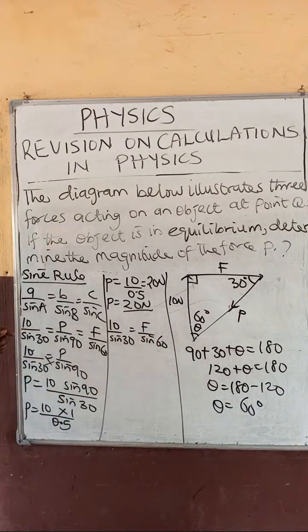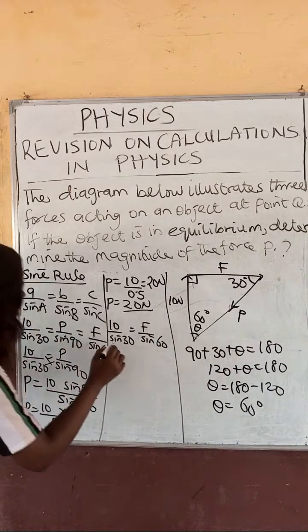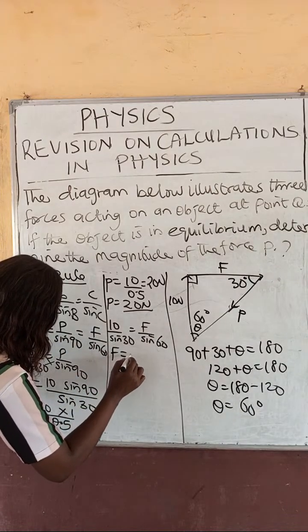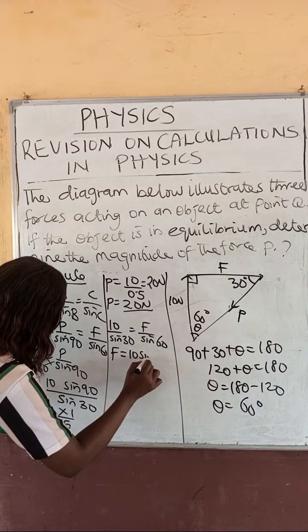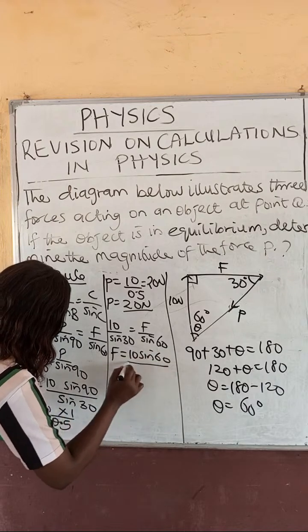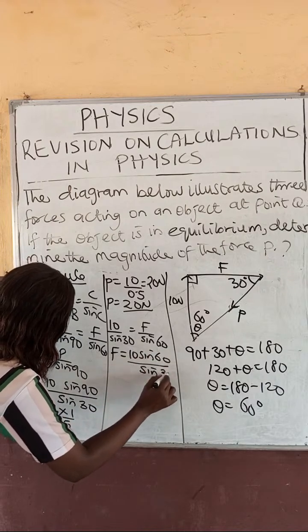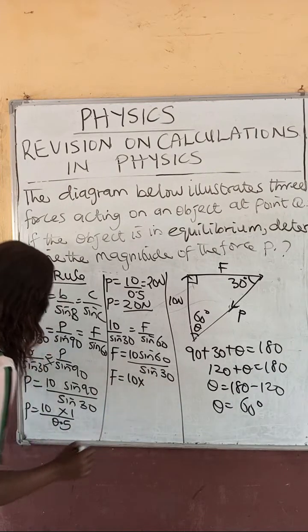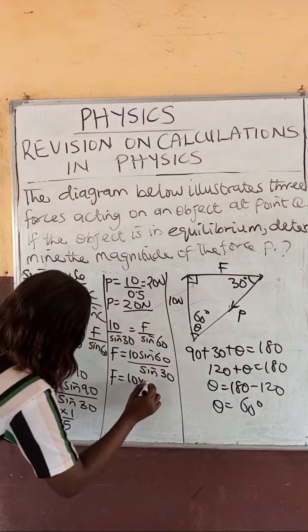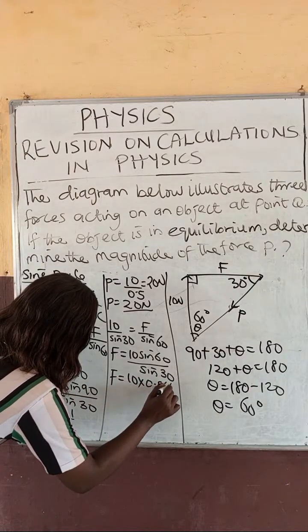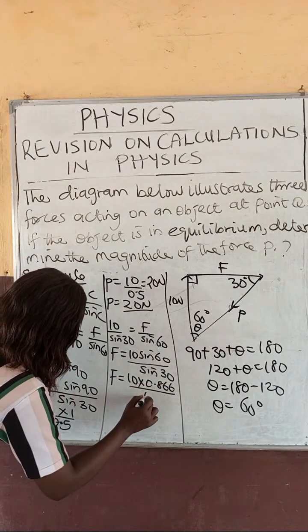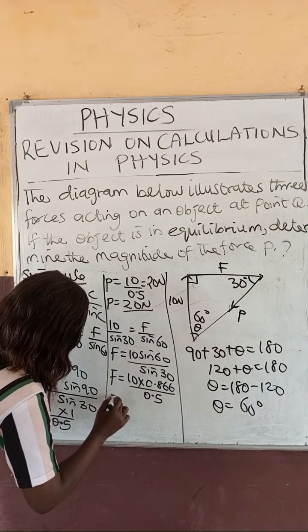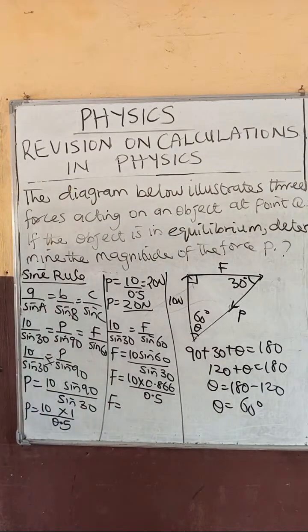Now, doing cross multiply, my F is equal to 10 sine 60 divided by sine 30. F is equal to 10 times sine 60, which is 0.866, divided by 0.5.